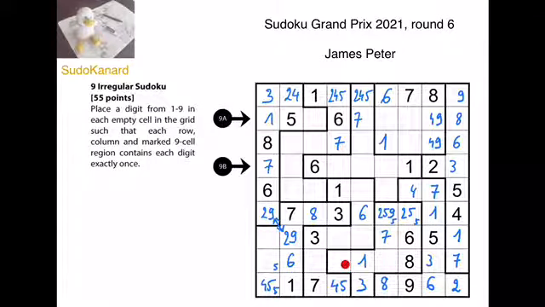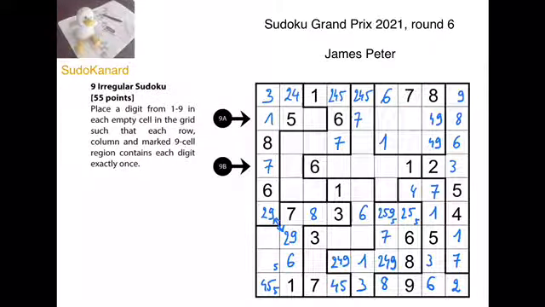So there's a 4 here, there's no 5, so those are 2, 4, 9. This column still needs an 8 here or there, but I don't think I can resolve that yet.